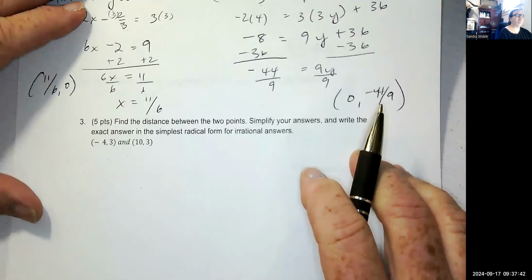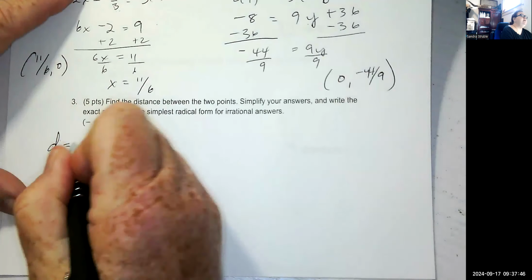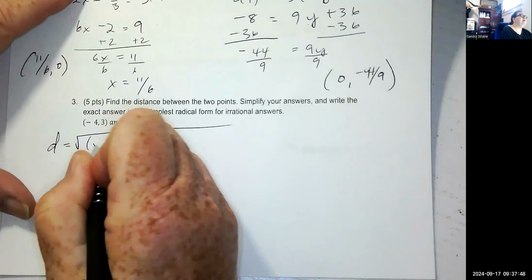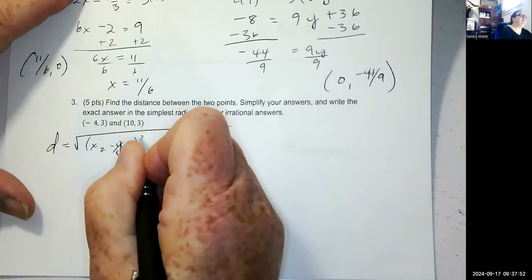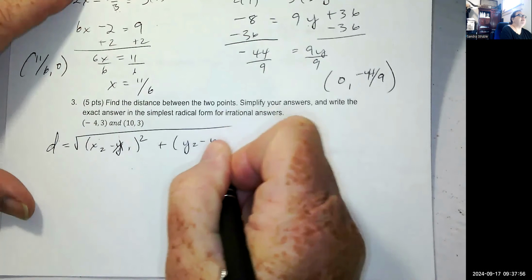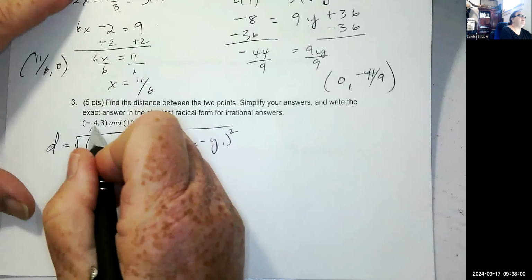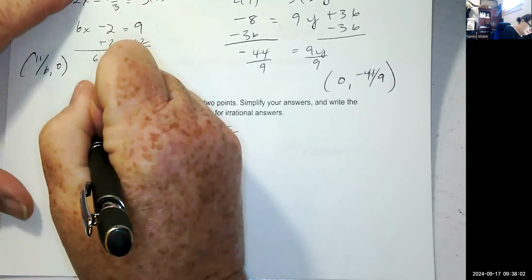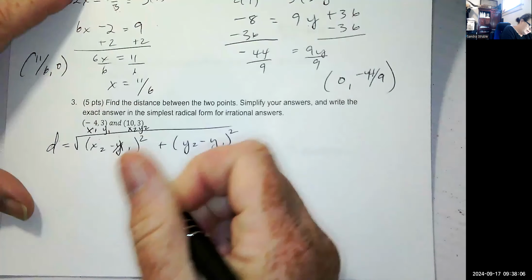Find the distance between 2 points. Simplify your answers and write the exact answer. This formula is the square root of x sub 2 minus x sub 1 squared, plus y sub 2 minus y sub 1 squared. All right. And then I label just so that I don't mess up. X sub 1, y sub 1, x sub 2, y sub 2.